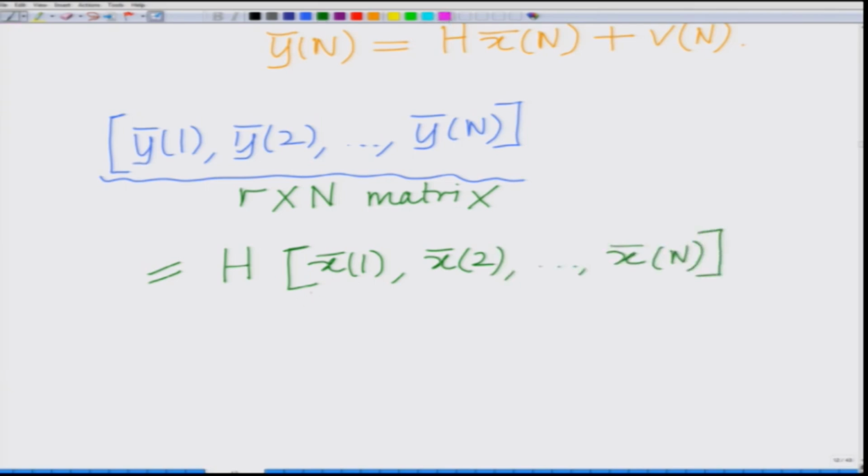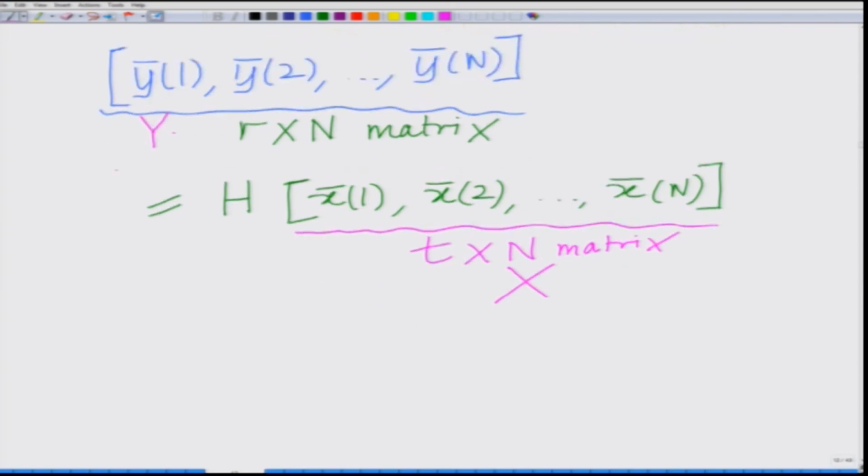Each vector is T dimensional, and I have n such vectors, so this is a T cross n matrix. Let us denote this by X, this is your pilot matrix. Let us denote the output by Y, this is the received vector matrix.